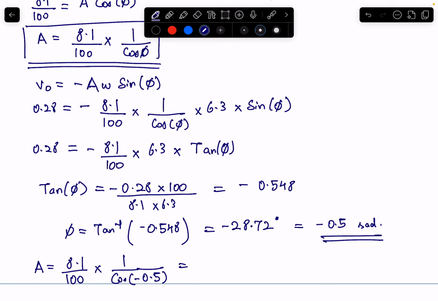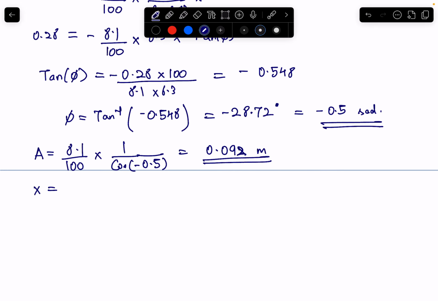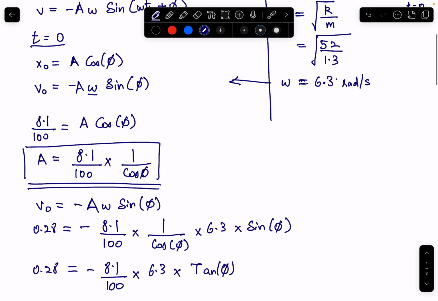So that will be equal to divided by cosine of, the value I get is 0.092 meters. So once I know the value of amplitude and phi, I can write down the actual expressions of x and v.